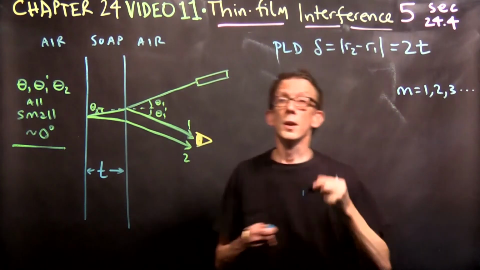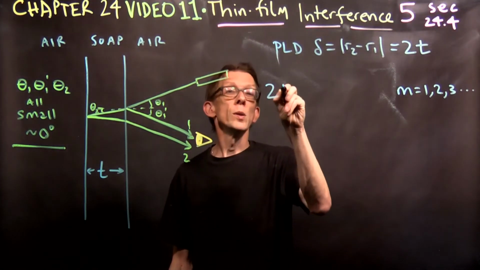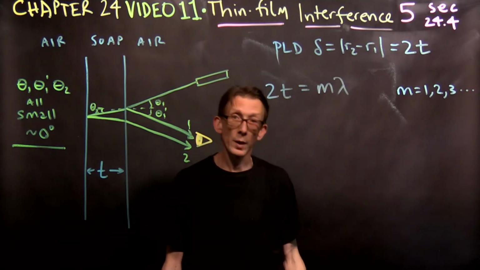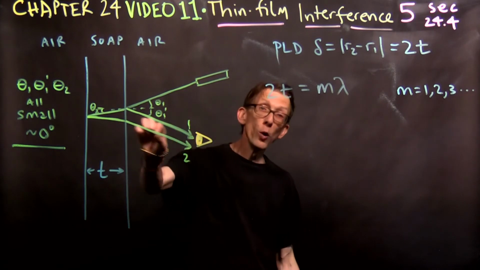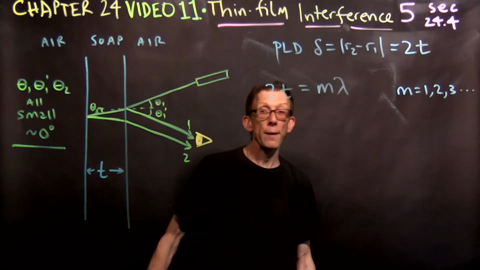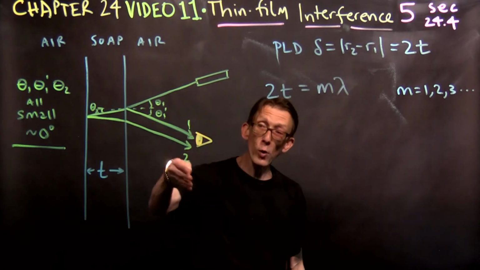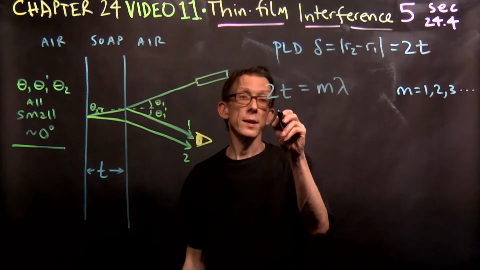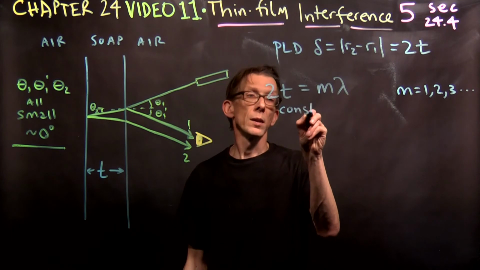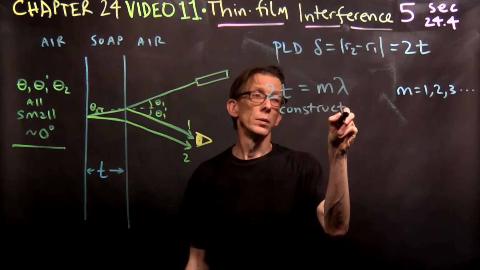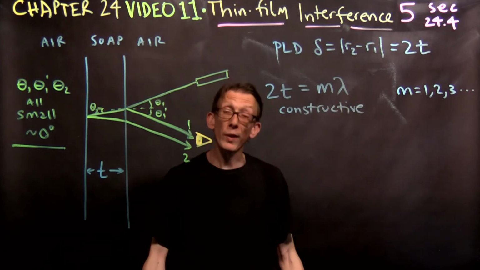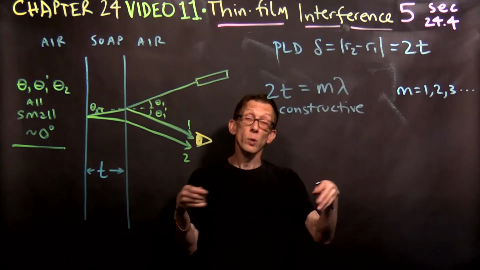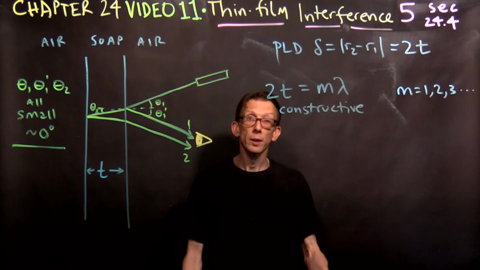So, if 2t equals m lambda, then wave 2 will be back in step with wave 1. Ray 2 will be back in step with ray 1. So that is constructive, because if I took the pink wave and shifted it one wavelength or two wavelengths, we got back to constructive interference.